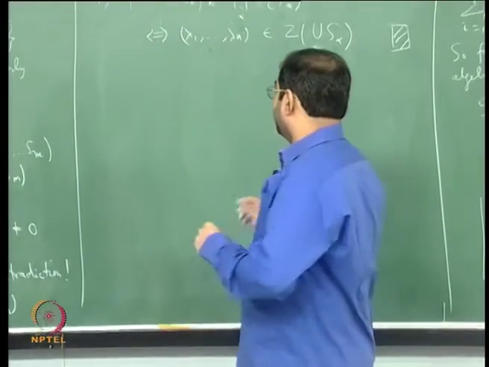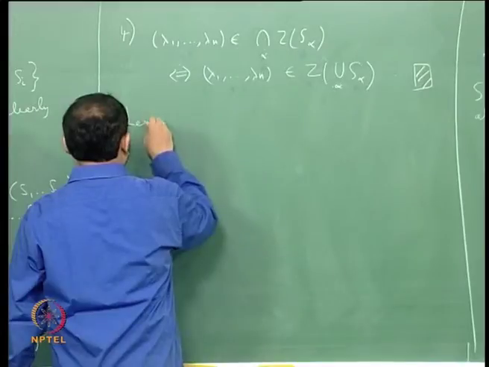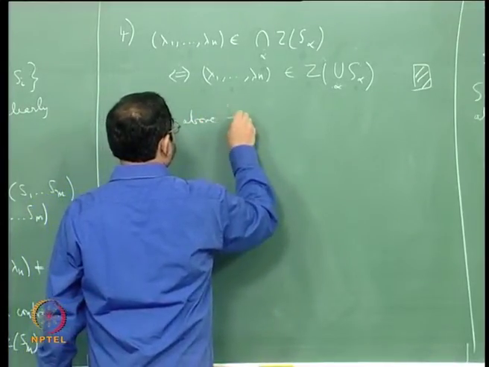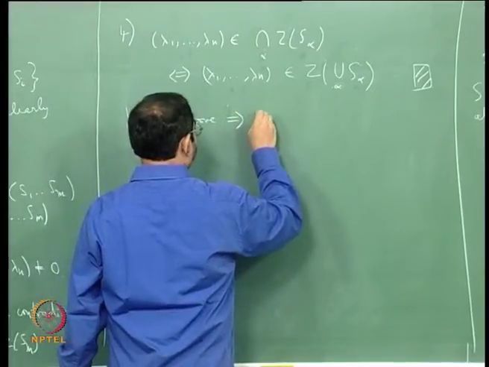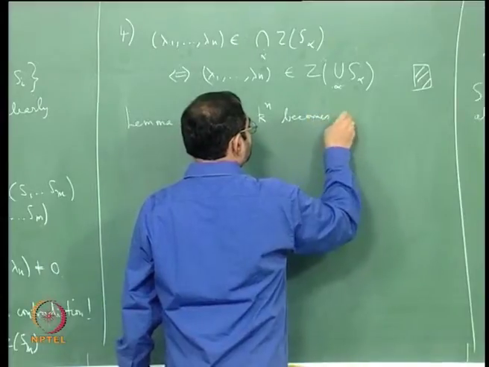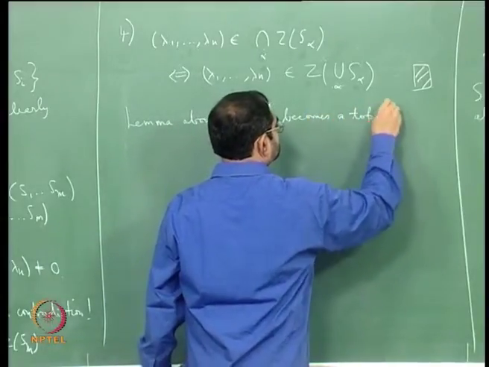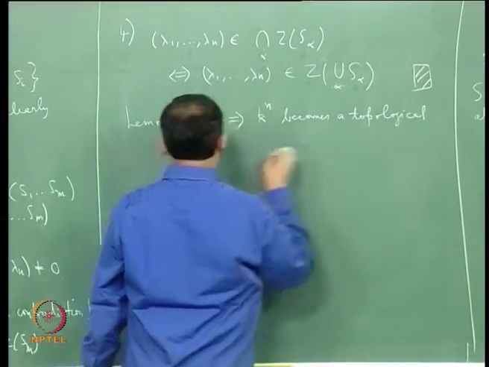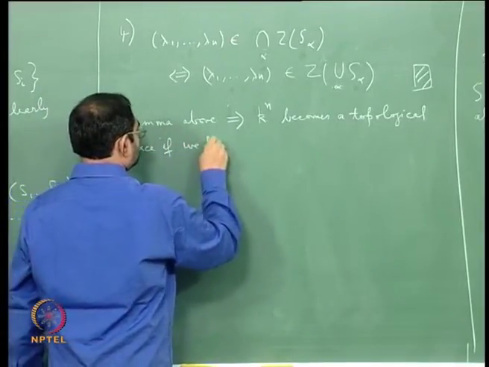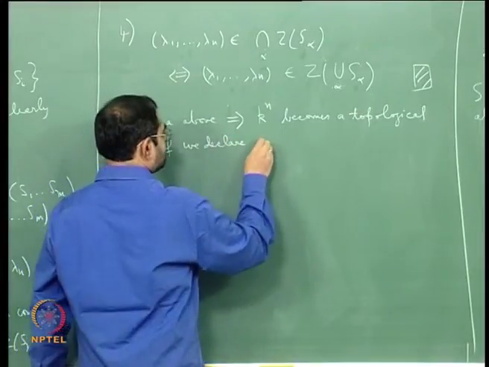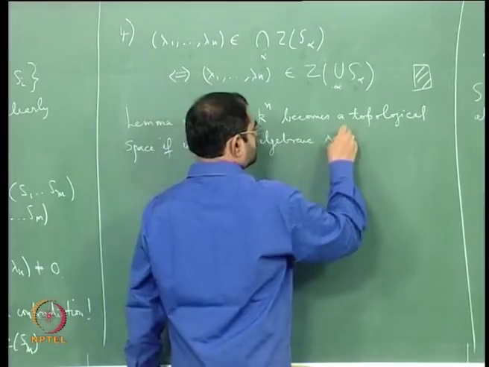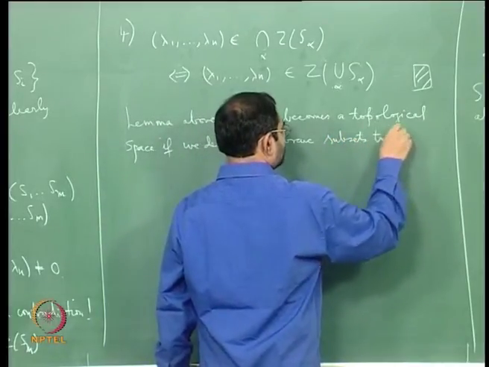So the lemma above implies that K^n becomes a topological space if we declare algebraic sets to be closed.